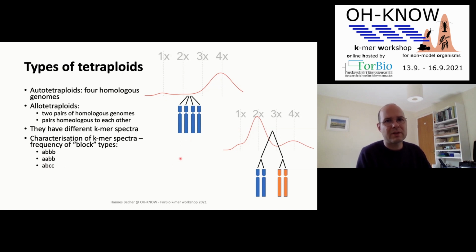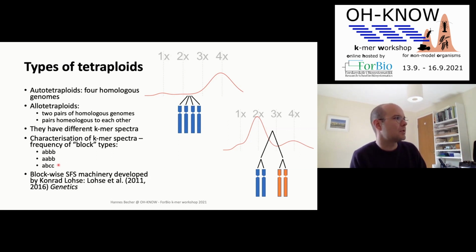Or you can also think about, from what I know about population genetics, how often I expect to see these configurations given a certain level of genetic diversity. That's what I'm trying to do. For this I used the blockwise site frequency spectrum machinery.